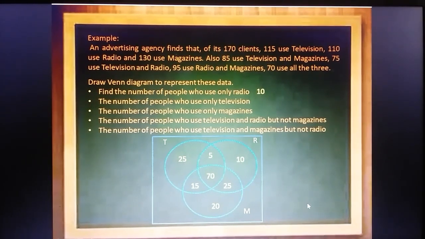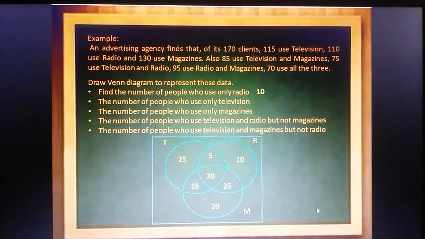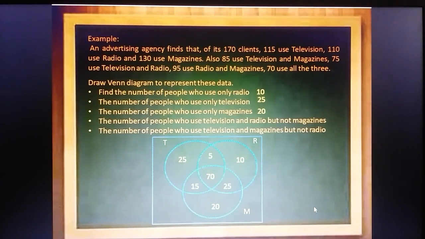How many use television only? People use only television. Correct? That is 25. The number of people who use only magazine. Magazine only is 20. The number of people who use television and radio but not magazine.